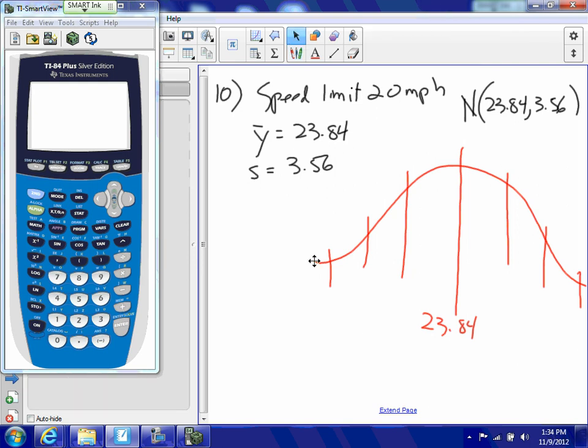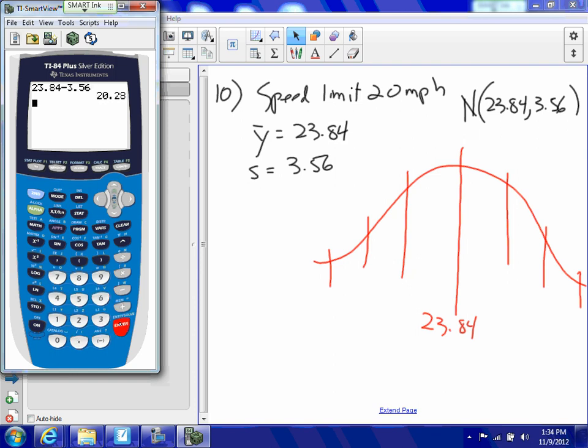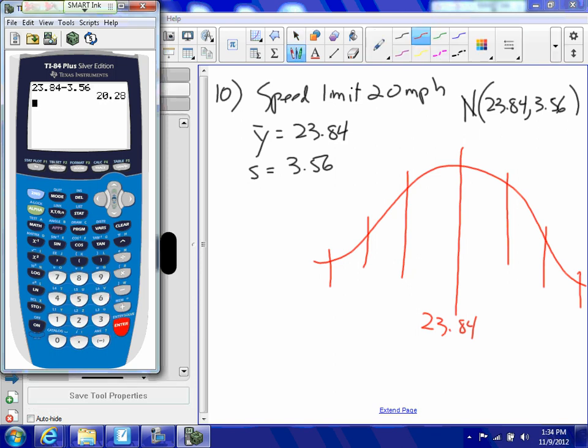If I have a mean of 23.84, and I subtract one standard deviation of 3.56, my first spot is going to be 20.28. That is my first standard deviation, negative.